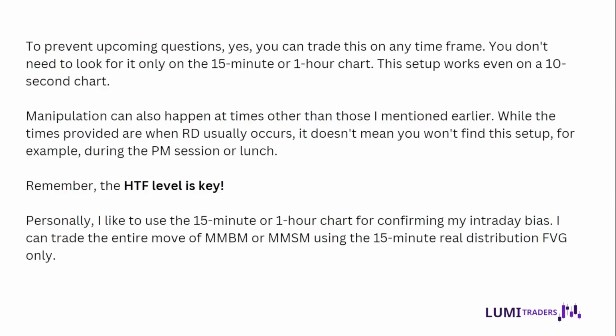Just as you know me, I'm very picky with my trades, and I usually trade just once a day. So I usually try to find 5 or 15-minute real distribution and enter this. That's why I have 70, 100 point trades. Just one trade and I'm done for today.